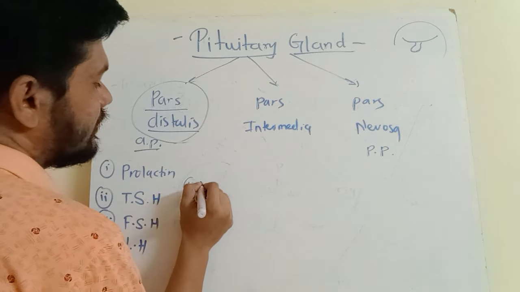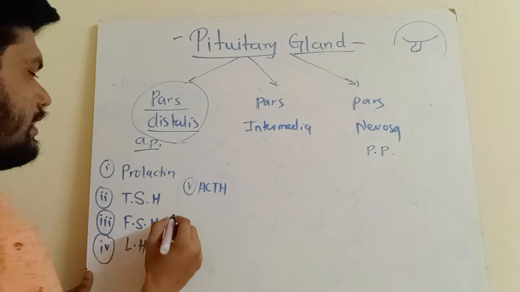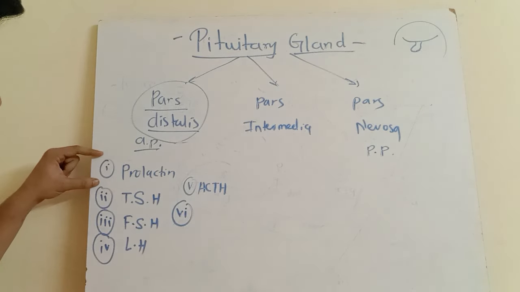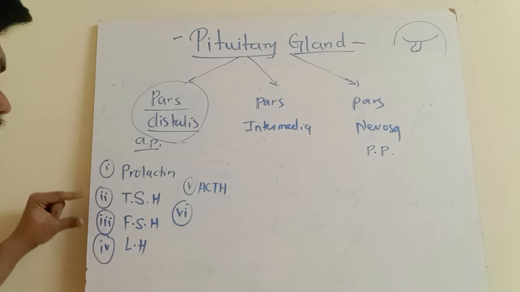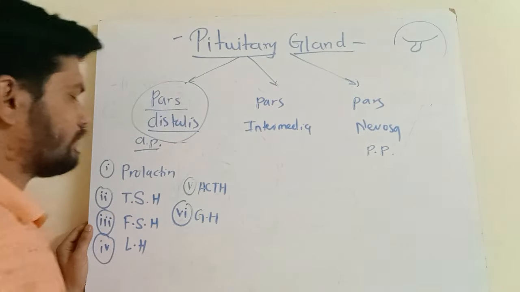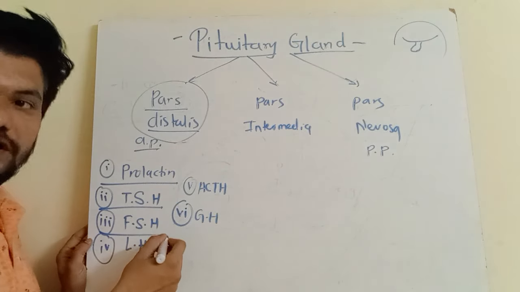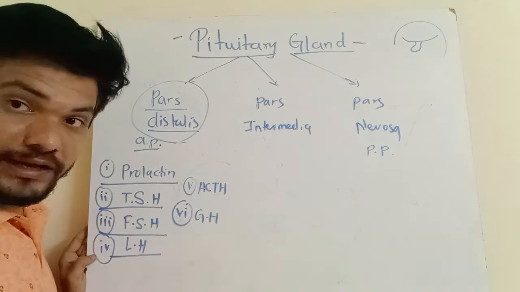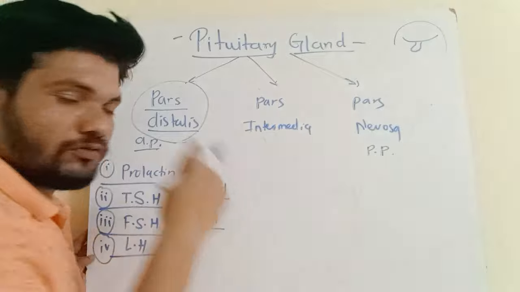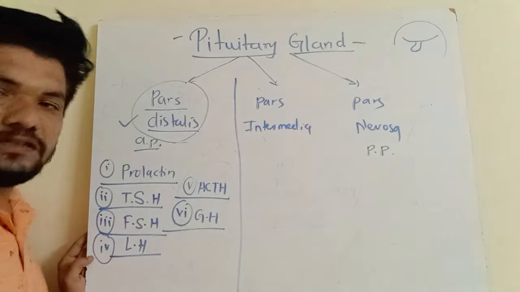Fifth is the adrenocorticotropic hormone, ACTH. And the sixth one is growth hormone. So prolactin, thyroid stimulating hormone; FSH, follicle stimulating hormone; LH, luteinizing hormone; ACTH, adrenocorticotropic hormone; and GH for growth hormone. These six hormones are secreted by the pars distalis region.